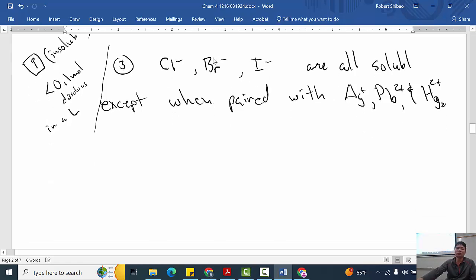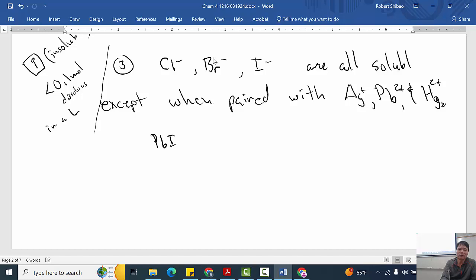But somebody had to come up with a cutoff, so whoever did it, it's fine. So we saw that lead 2 iodide, PbI2, is insoluble, which means just a tiny bit dissolved, if at all.